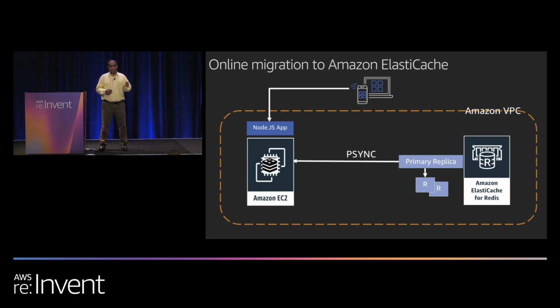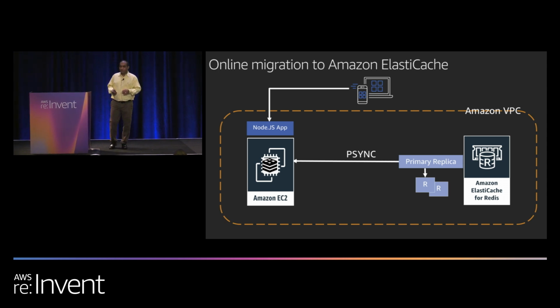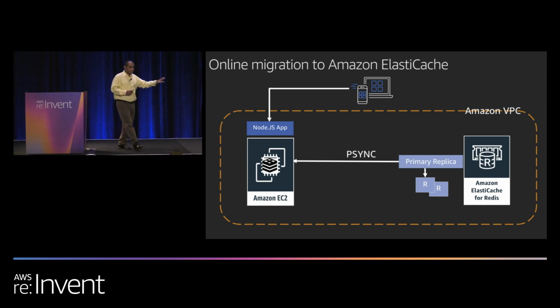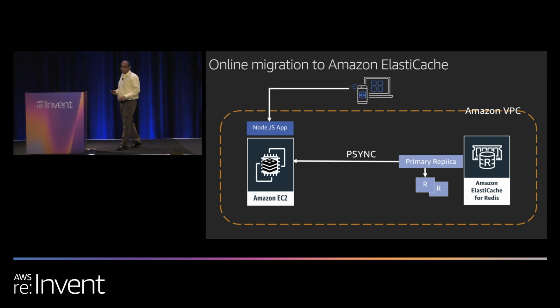We get data from the existing cluster onto the ElastiCache cluster. In the ElastiCache cluster, you can have the topology that you prefer, with multiple replicas, but there is one replica, what we call the primary replica, that establishes the stream and gets the data from your existing cluster on EC2.